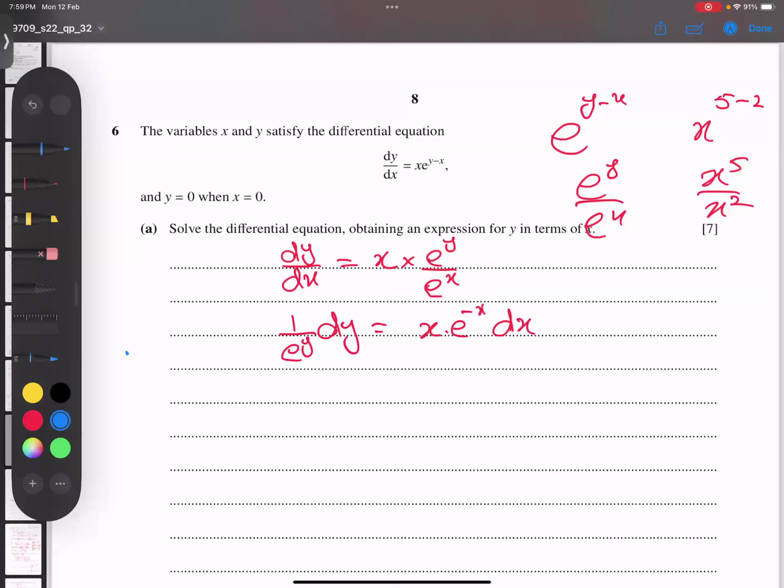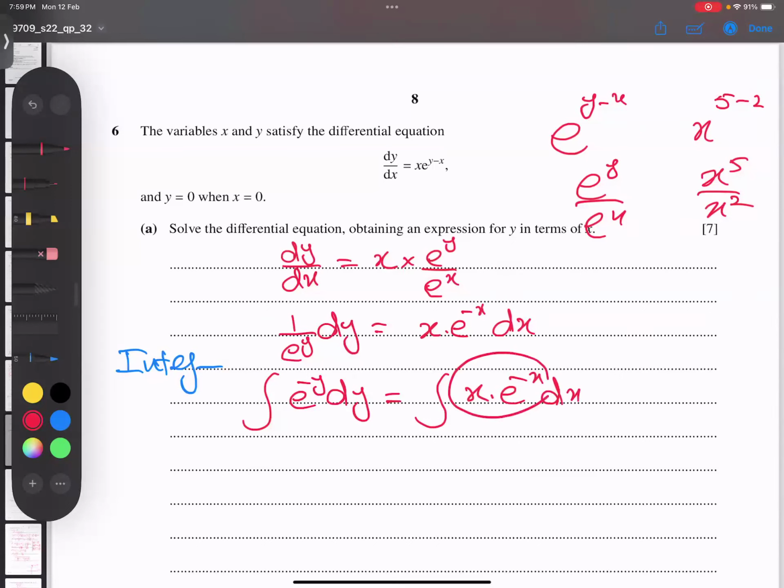Now, students, I will write: integrating both sides. When I integrate both sides, even this I will bring up. So e to power negative y dy, and here x e to power negative x dx.